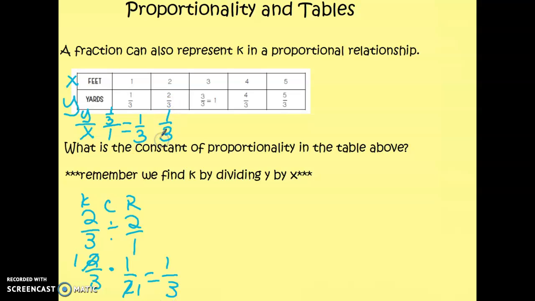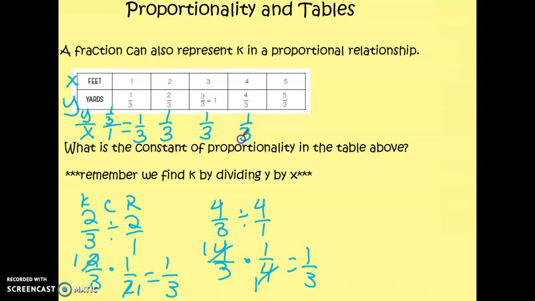Okay, the next one, we've got 1 divided by 3, which we could just write out because 1 divided by 3 looks like this. Our next one, we've got 4/3 divided by 4. So 4/3 times 1/4, cross simplifies to 1/3.